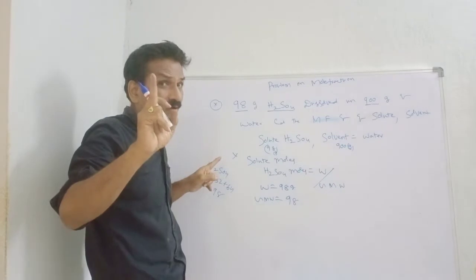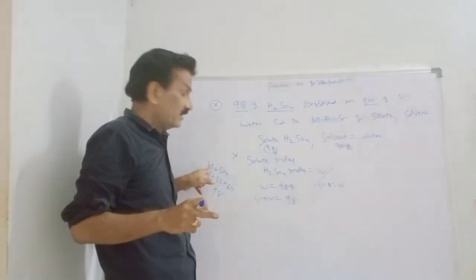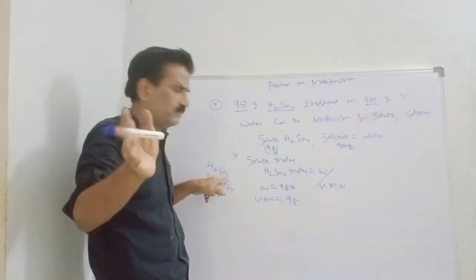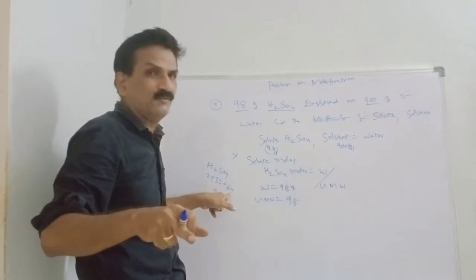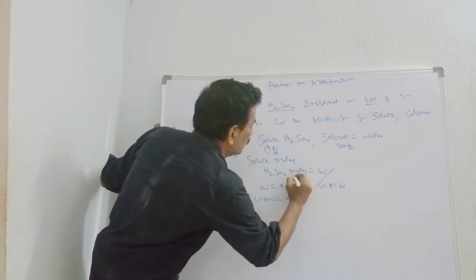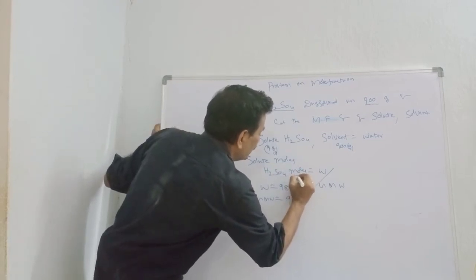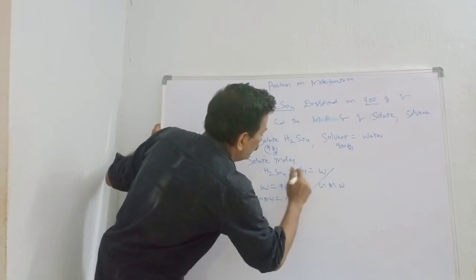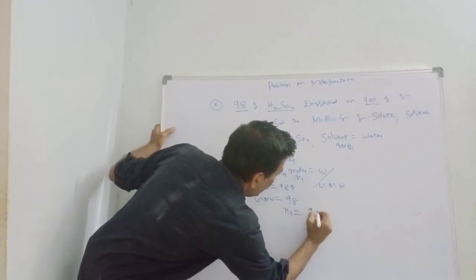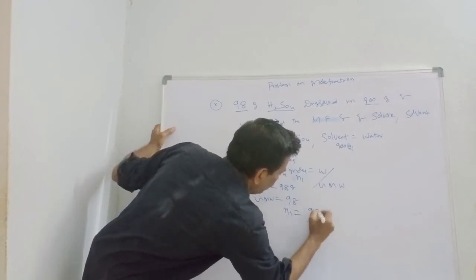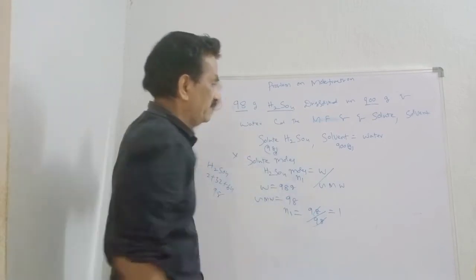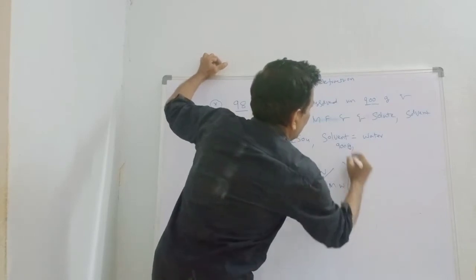Hydrogen 1, here how many hydrogens are there? 2. 2 into 1, 2. Sulfur 32. Oxygen 16, 16 into 4, 64. So total 98. So H2SO4 moles, you say N1. N1 is equal to weight 98 by gram molecular weight 98, 1. So solute moles 1.